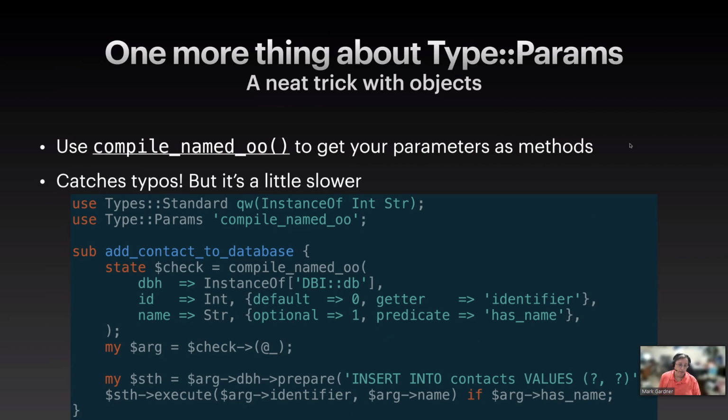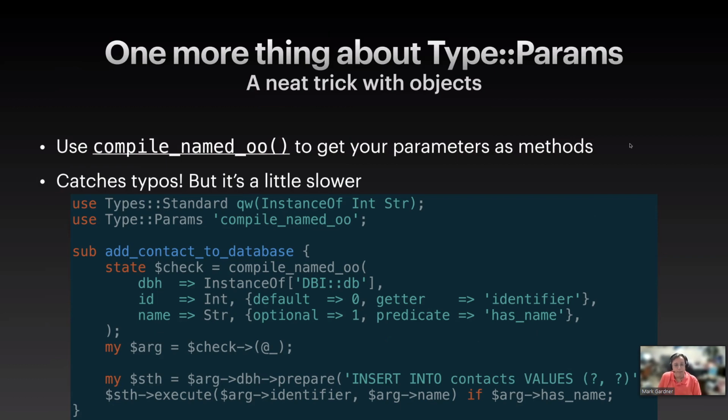You might say that my argument, I'm passing it a database handle. I named it DBH, but I tried retrieving it as DB, and it silently fails. This way, you'll get unknown method call. It'll tell you I don't know this method, and you'll instantly know that you've got an error.